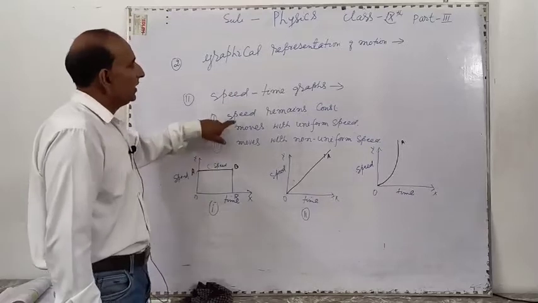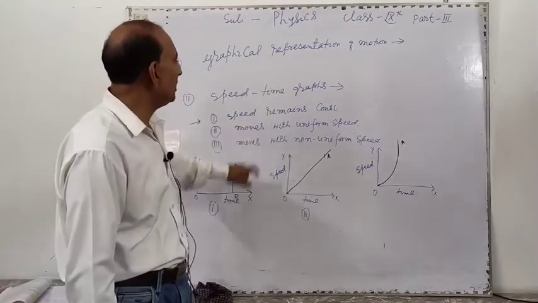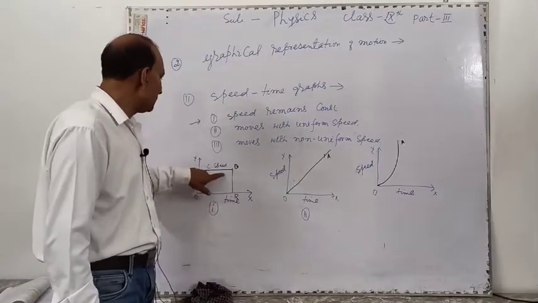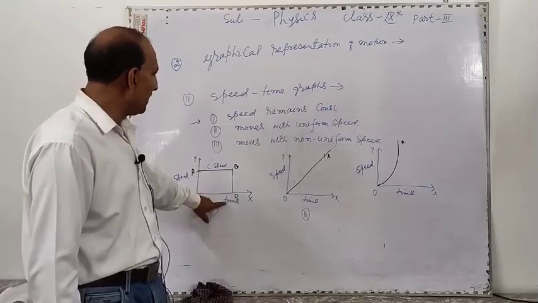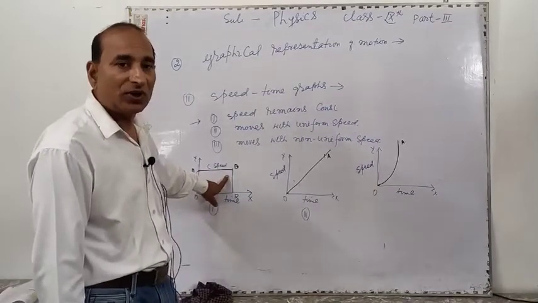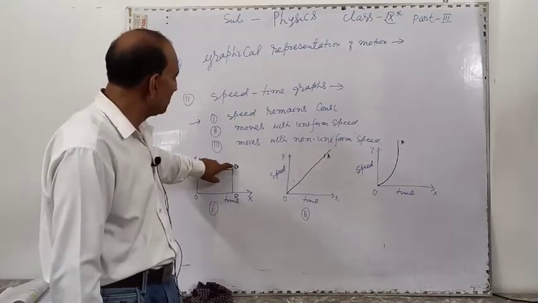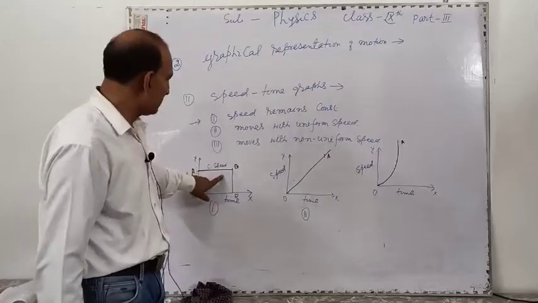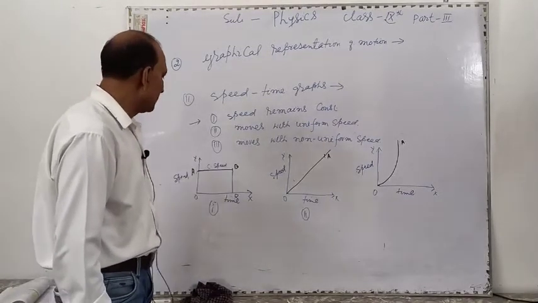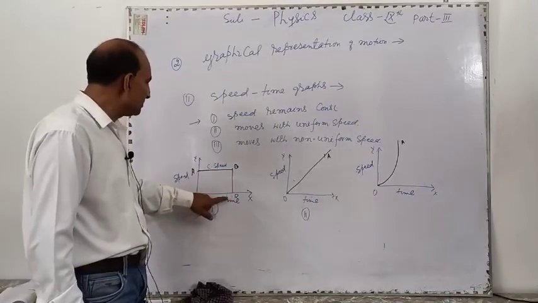Suppose a body is moving with a constant speed, then the graph is parallel to the time axis. To find the distance covered by a moving object, we take a point B on the straight line, that is the graph, and we draw perpendicular BR from B on the time axis.